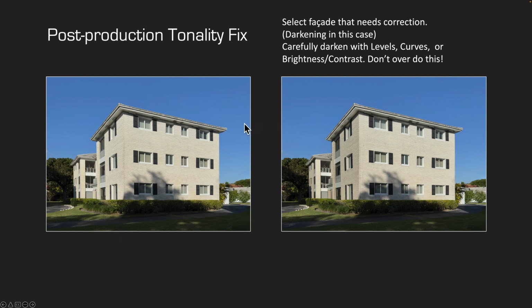You can select, in this case, the secondary facade, carefully selected, and then you can darken it with levels or curves or brightness and contrast. Be careful though that you don't overdo it, that when you darken that facade, you still keep the overall tone, the overall light balance that you have in your shot.